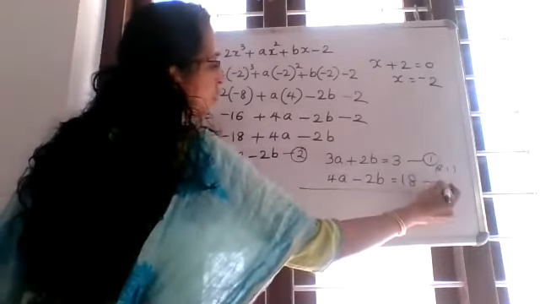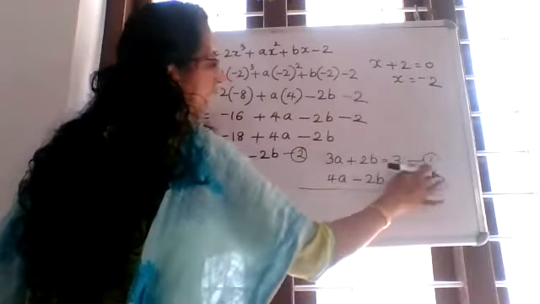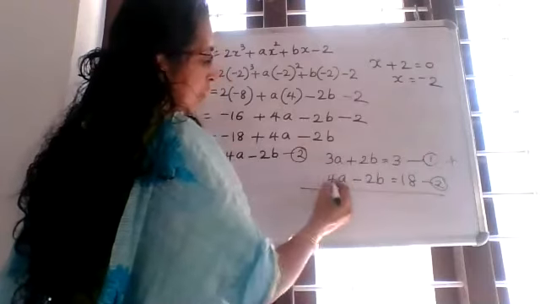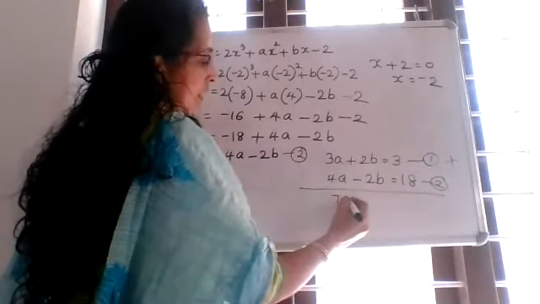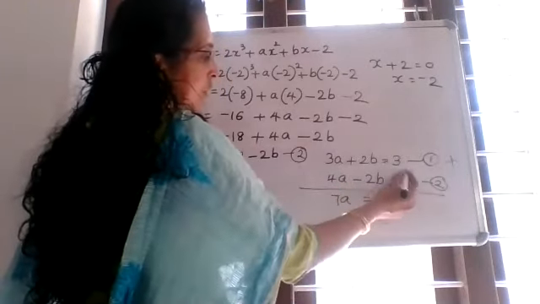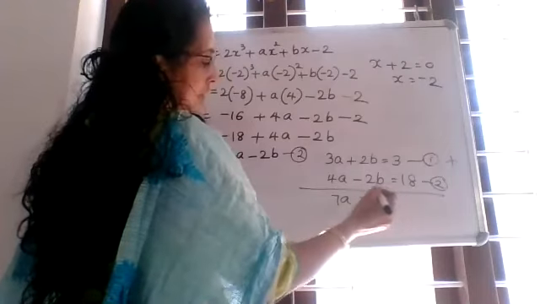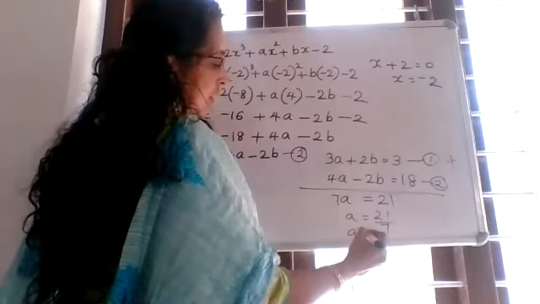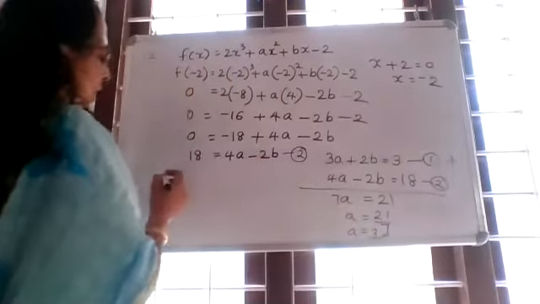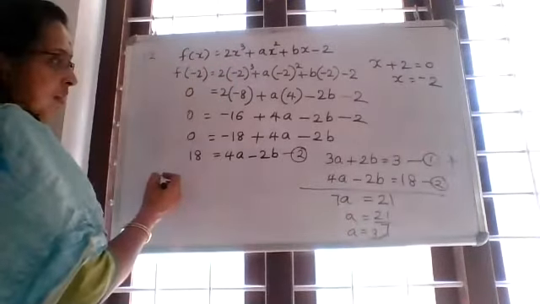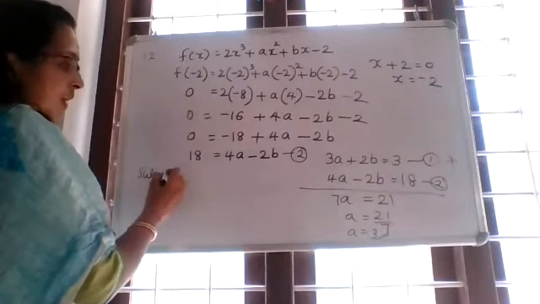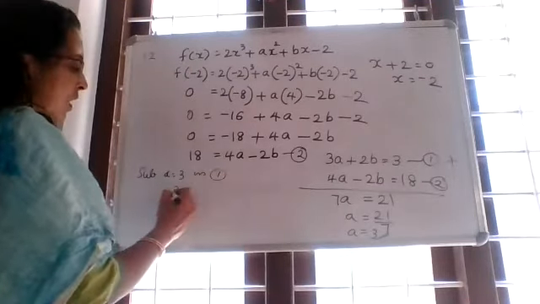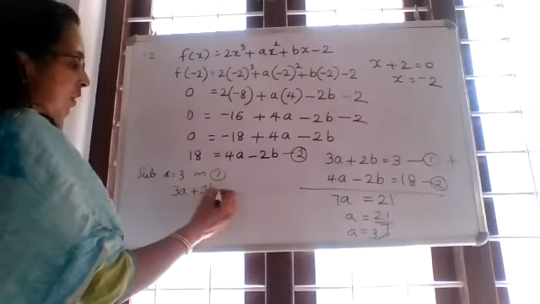Solving 1 and 2, we will get a as what? If we add, addition is possible. So 7a is equal to 21. So a is equal to 21 by 7, that is a is equal to 3. Substitute that value in equation number 1. 3a plus 2b is equal to 3.